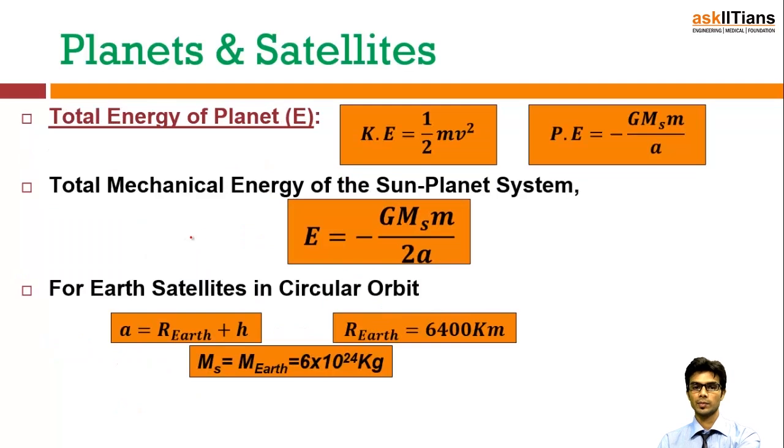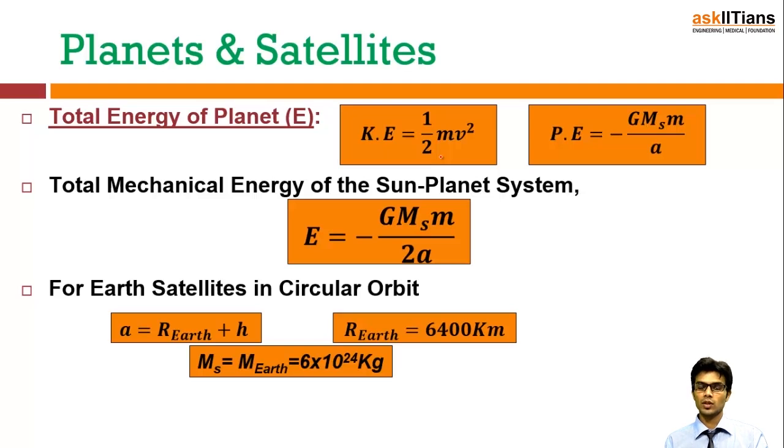Now the total energy of the planet. We know that total energy is equal to kinetic energy plus potential energy, and kinetic energy is equal to half m v square and potential energy is equal to minus G Ms m by a.